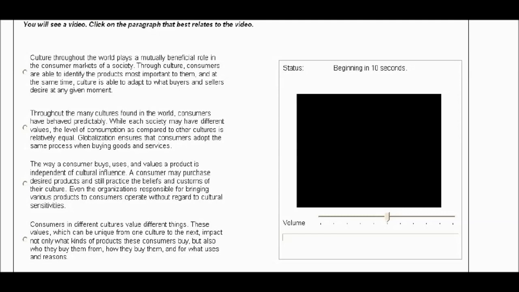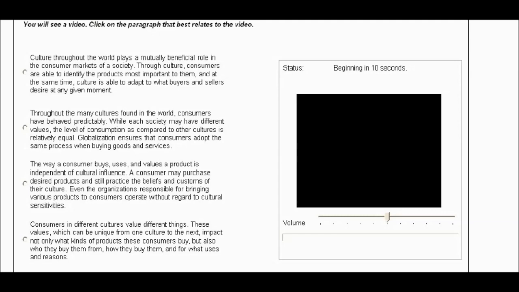So what influences consumers in different parts of the world? Many factors affect how we as individuals and societies live, buy and consume.